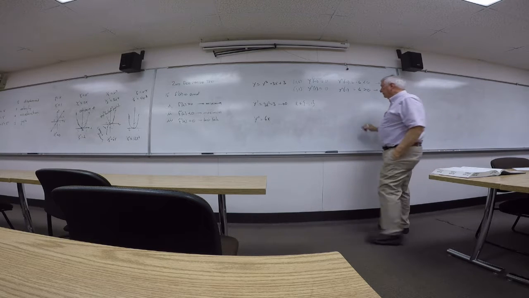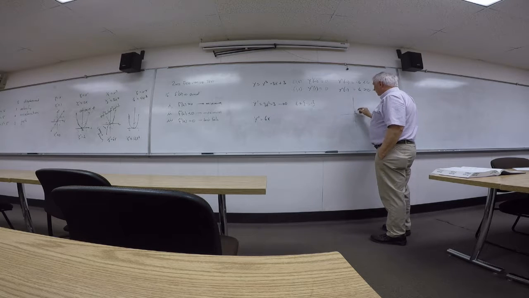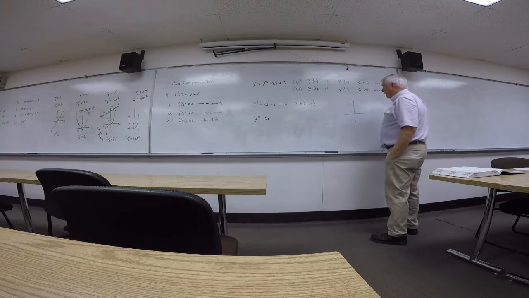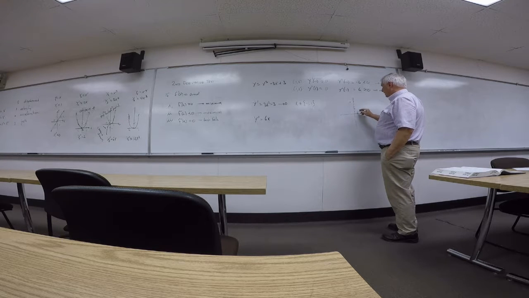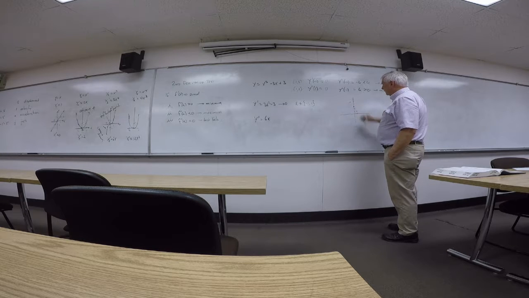So if we sketch those that we have, 1, 2, 3, 4, 5, 1. Negative 1, 5, positive 1, 1. When x is 0, we get positive 3. We know it's a maximum here. We know it's a minimum here. So this thing has to do something like that.